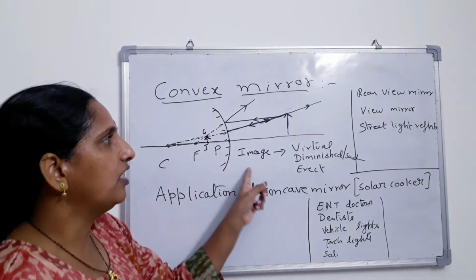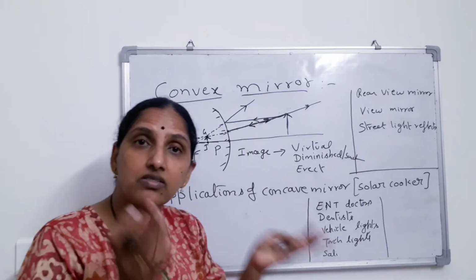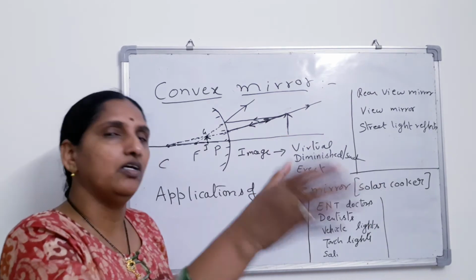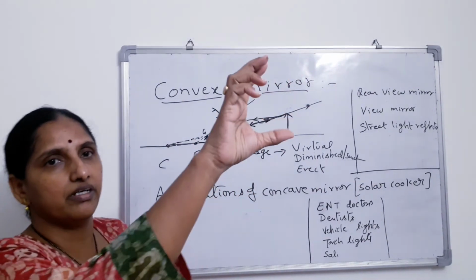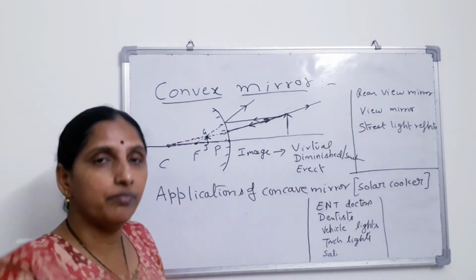Okay, so now what are the applications of this convex mirror? Already we discussed just now the side mirror or rear view mirror, which is in front of the driver, where through that mirror you can see what is coming from behind.